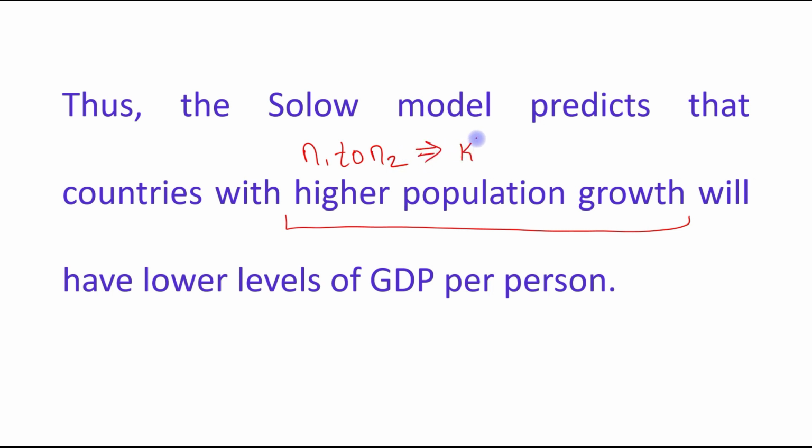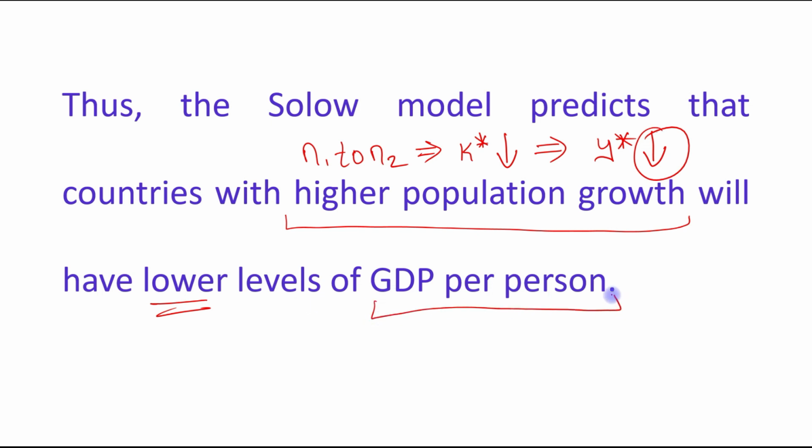The steady state level of capital per worker decreases, due to which the steady state level of output per worker also reduces. So higher population growth will have lower levels of GDP per person. GDP per person is this Y star. Output per worker is GDP per person.